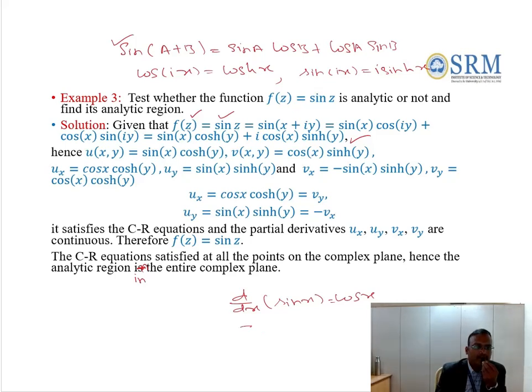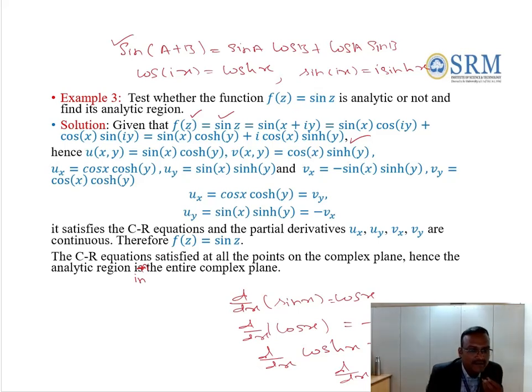And d by dx of cos x is equal to minus sin x, and d by dx of cosh x is equal to sinh x, and d by dx of sinh x equal to cosh x. Okay, these are the formulas. So by using these formulas, let us compute the four partial derivatives.